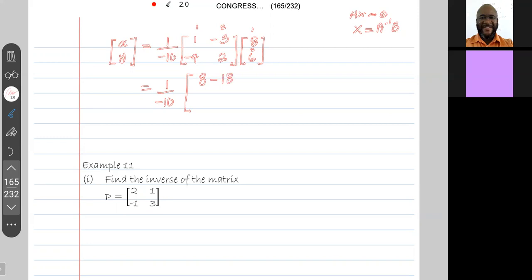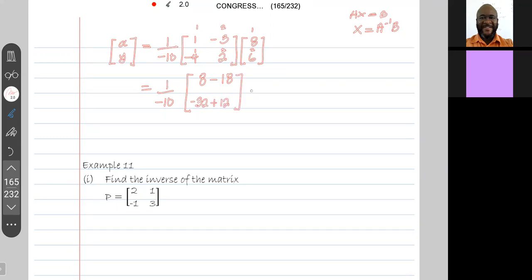So I just multiply the top row by the column. Now I'm going to multiply the bottom row, minus 4, 2, by the same column. So minus 4 times 8 is minus 32. And 2 times 6 is 12.